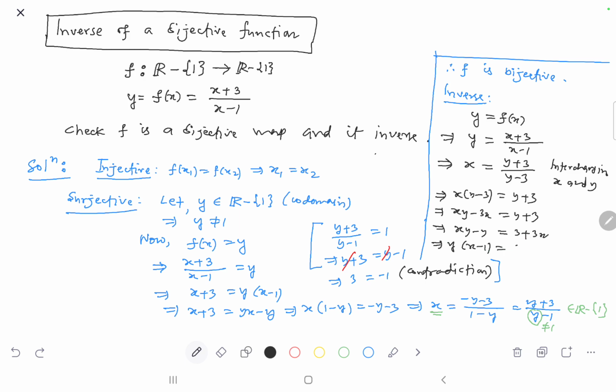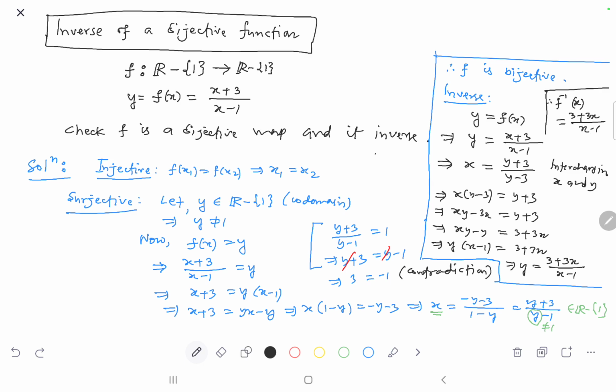Factor out y: y(x minus 1) equals 3 plus x. So y equals (3 plus x) divided by (x minus 1). So we get f inverse of x equal to this formula.